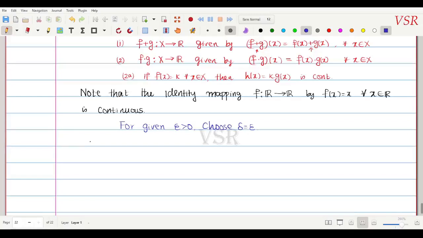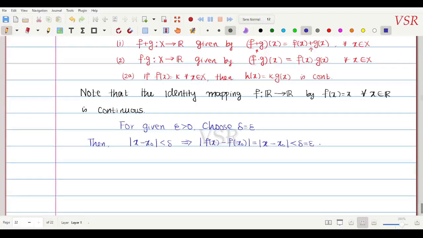Then whenever the distance between x and x naught, since we are in R, I use the modulus instead of the distance, so whenever modulus of x minus x naught is less than delta, f of x minus f of x naught, which is modulus of x minus x naught, is less than delta, and delta is equal to epsilon.